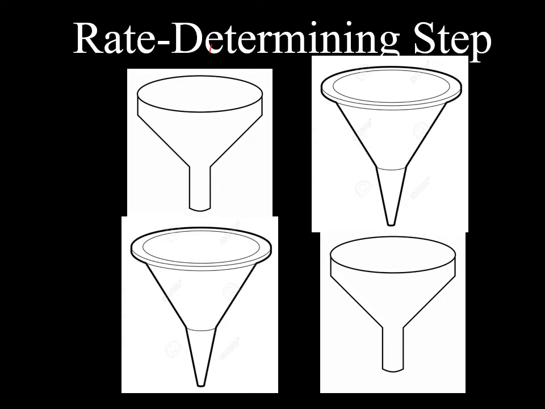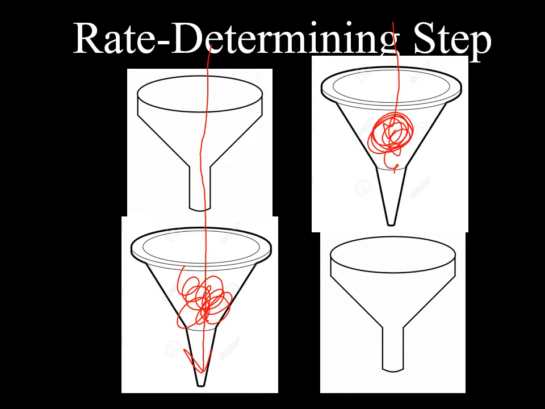If I start pouring the sand into this, it's not going to accumulate in the first funnel. It's going to accumulate in this funnel because of the narrow opening, and then come out in a narrow stream and go straight through here.